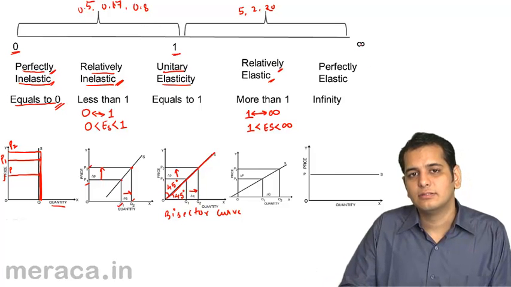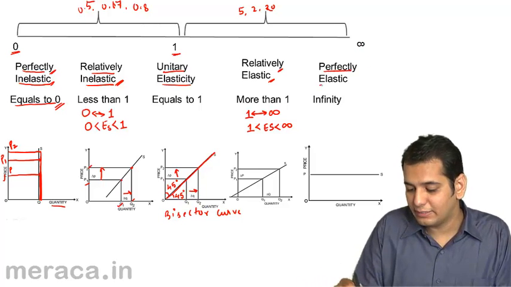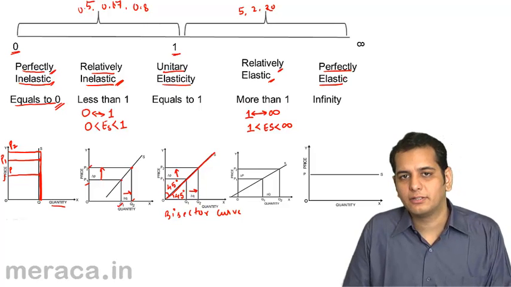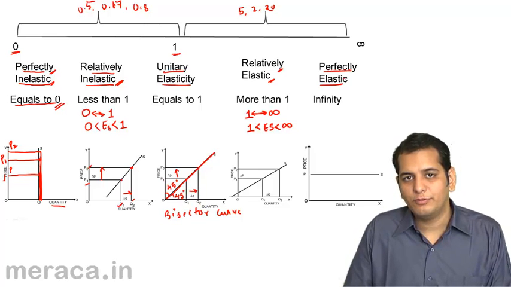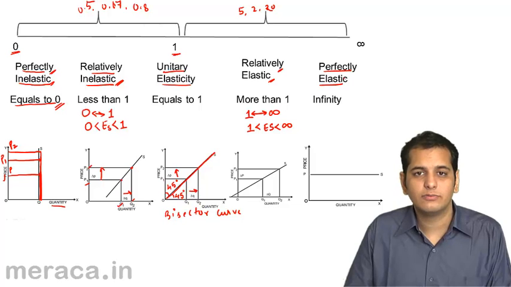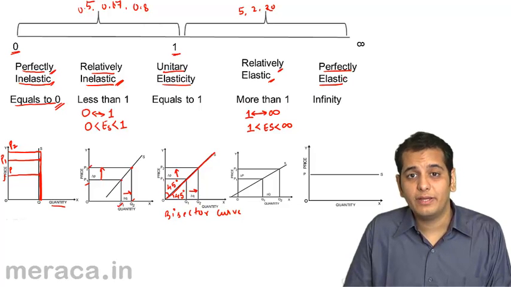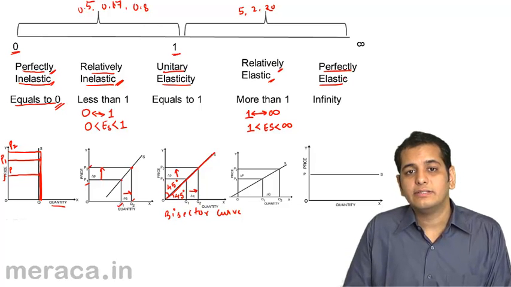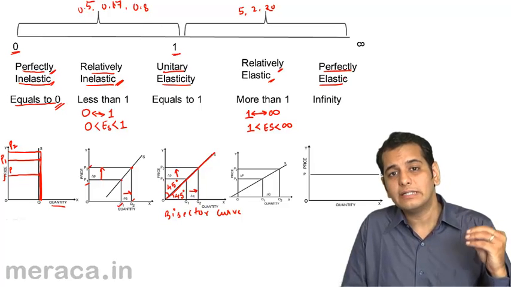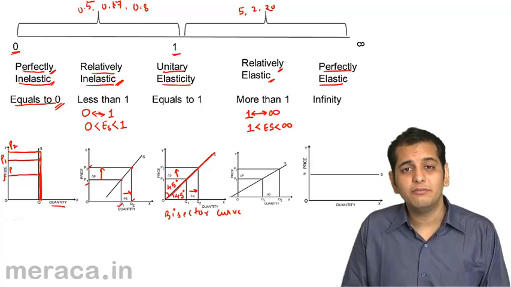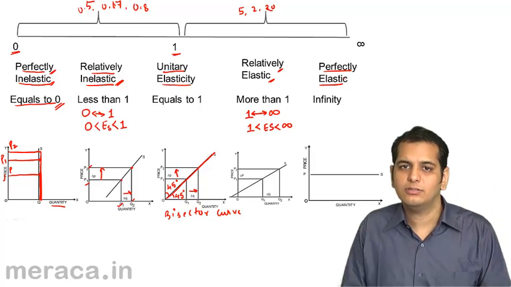Finally, the case of the perfectly elastic supply curve. A perfectly elastic supply curve is a curve where the quantity supplied changes even if there is no change in the price.